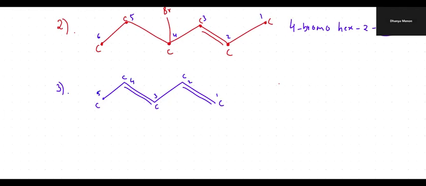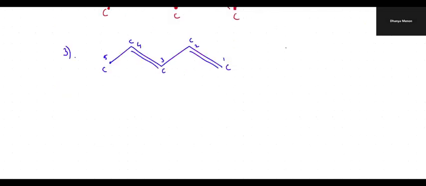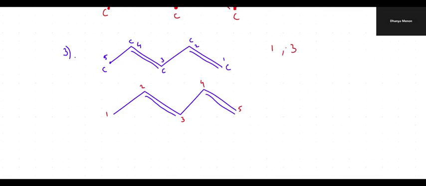The same thing, I can number it in another way. Double bond here, it's a double bond here. I can number the same thing with 1, 2, 3, 4, 5. Both ways I can number, but in the first one, the double bonds are getting the numbers 1 and 3. And in the second one, the double bonds are getting the numbers 2 and 4.